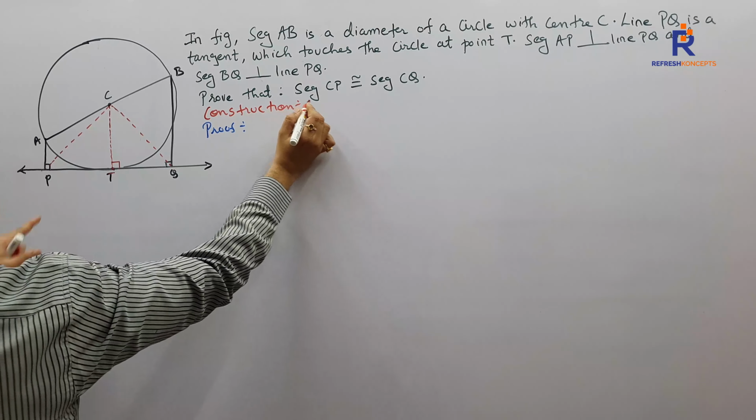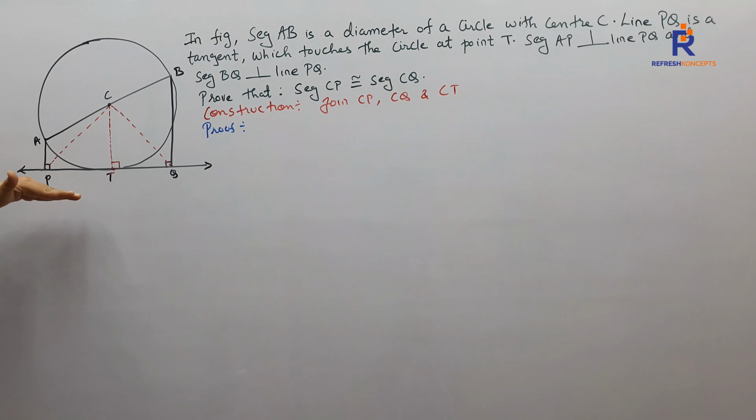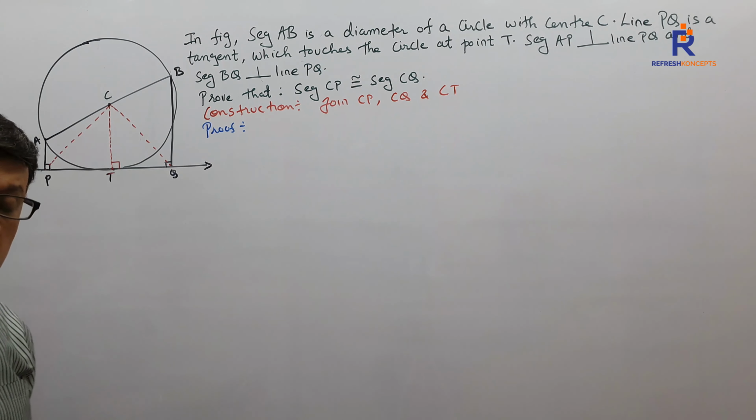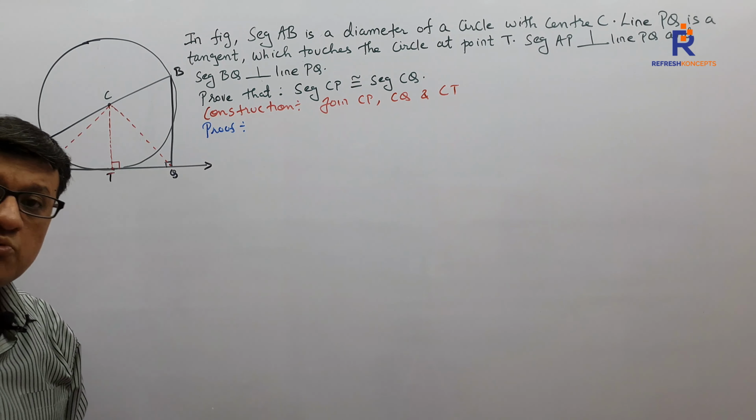There is one property: perpendiculars drawn onto the same line. What is the relation between them? They are parallel to each other. So who are parallel to each other? AP parallel to CT parallel to BQ.